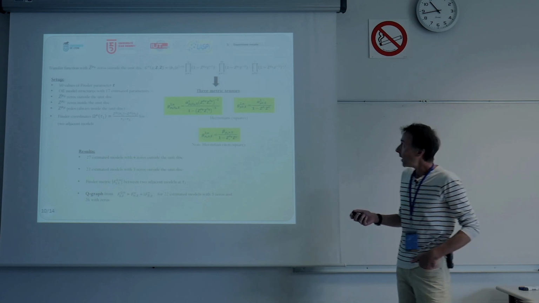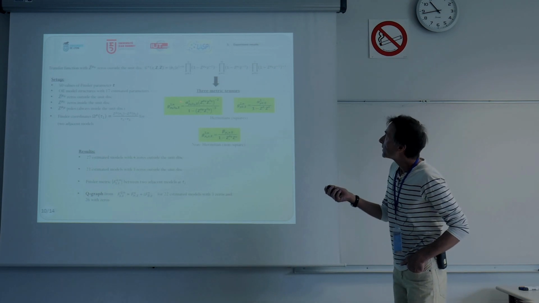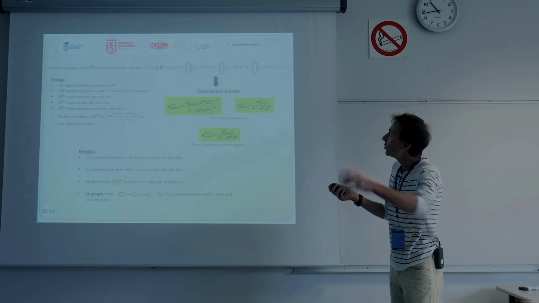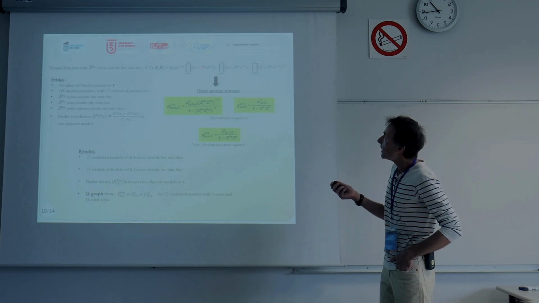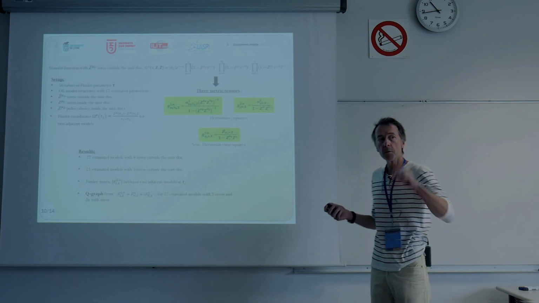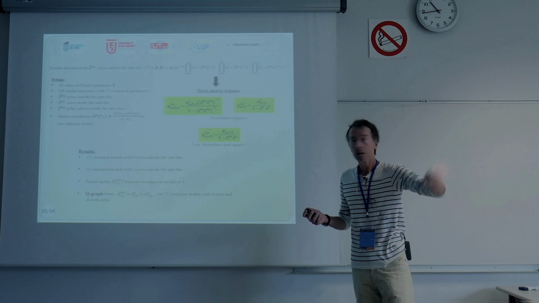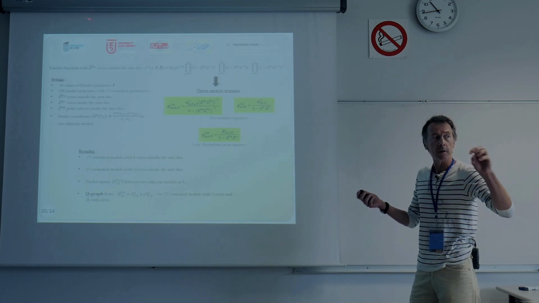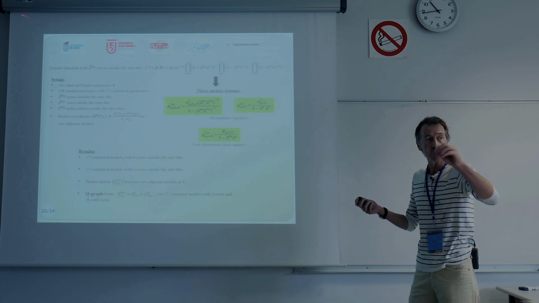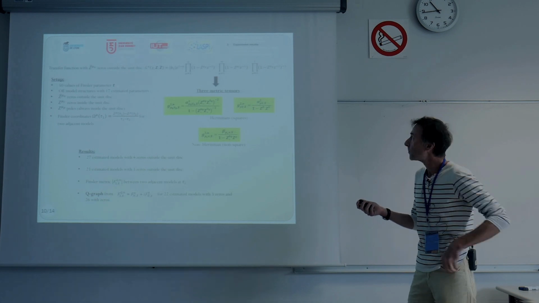Okay, and some zeros outside the unit disk are characterized by z mu O. Z mu O is the number of zeros outside the unit disk. And this term is the estimated transfer function of the systems.